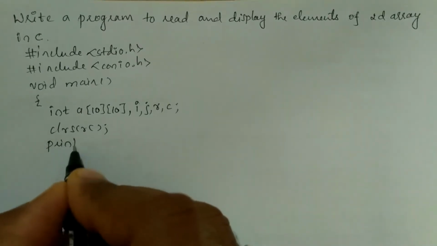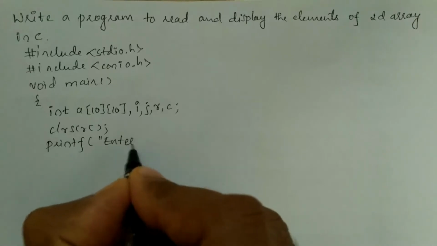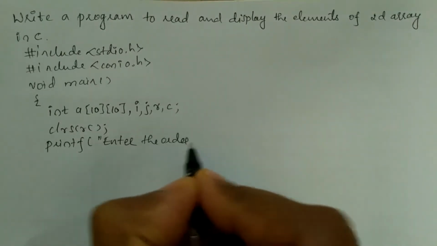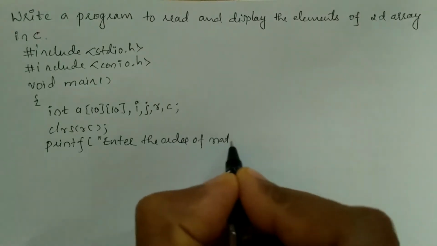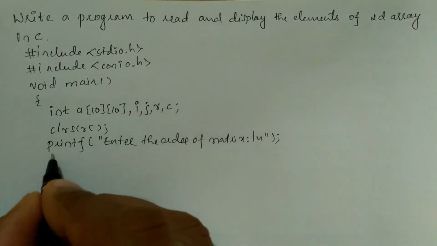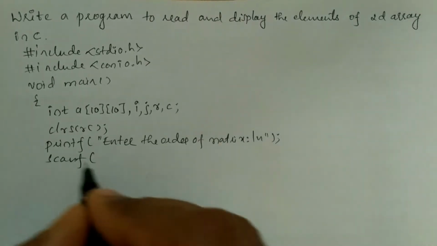Now we will ask the user to enter the order of the matrix using a printf statement. In double quotation marks I'm going to write "Enter the order of matrix\n", and put a semicolon. Now we are going to receive the response from the user through the keyboard using a scanf statement.